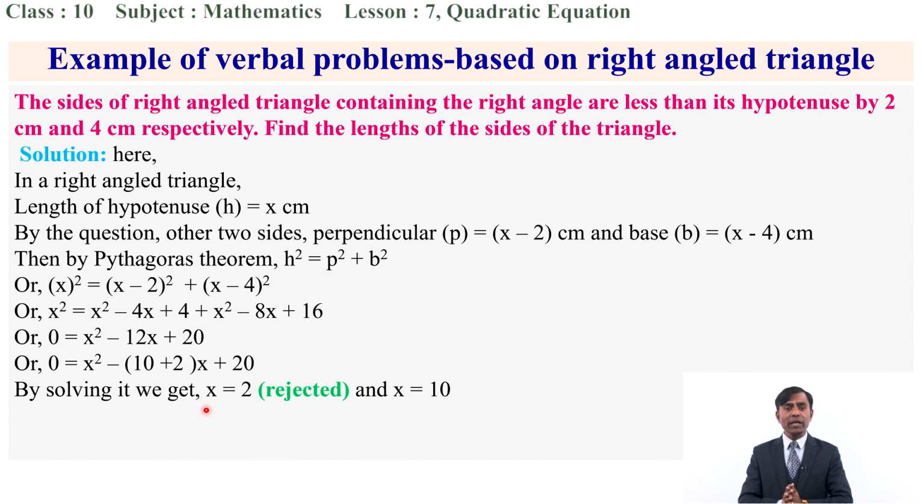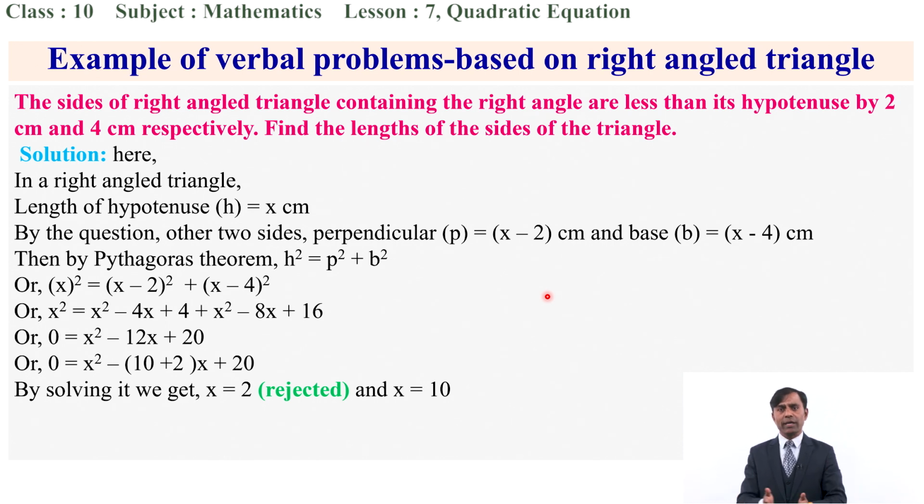Why? When we accept x is equal to 2, the hypotenuse is 2. If hypotenuse is 2, what about the other two sides, perpendicular and base? Look here, 2 minus 2, then the perpendicular side becomes 0. Is it possible for any side length of a triangle to become 0?